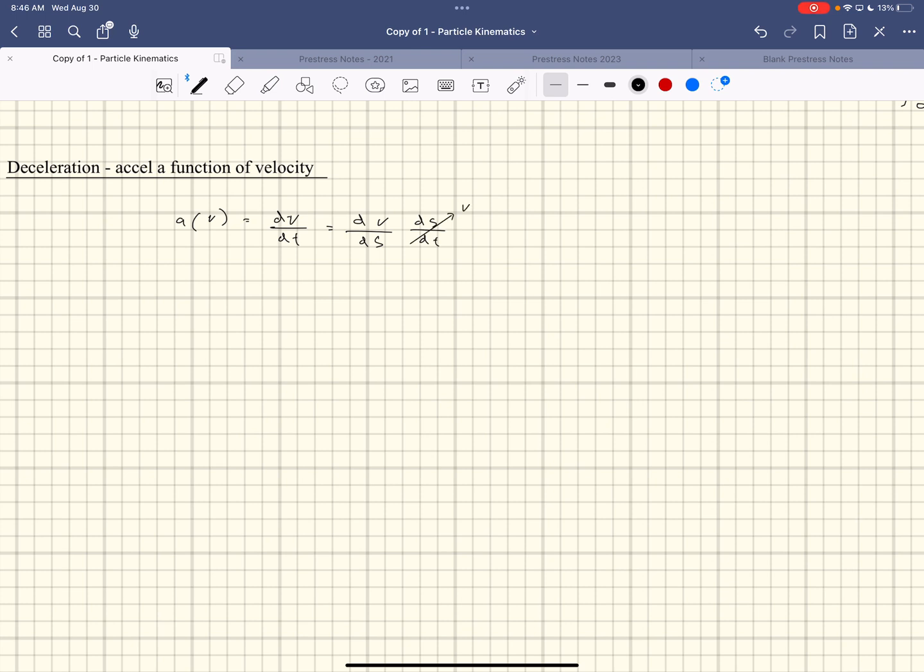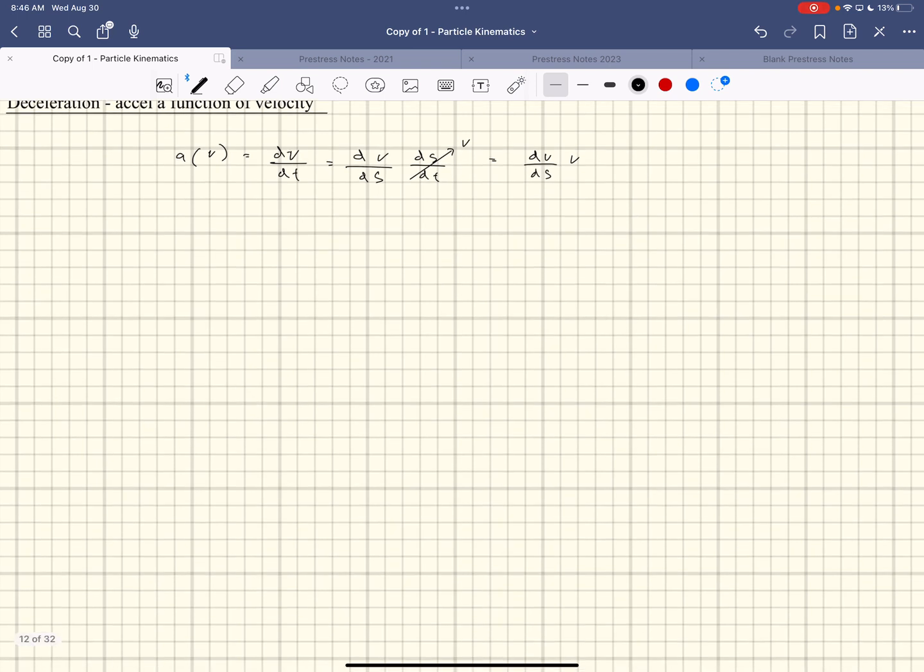We've done this a bunch of times now, so this is just dv ds times v. At this point, rearrange everything and get in terms of ds: ds is equal to v over acceleration as a function of velocity, dv. Okay, this is that shortcut.